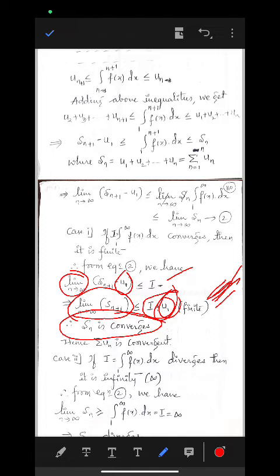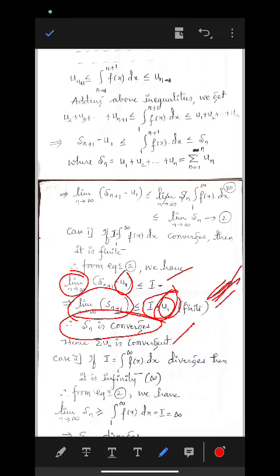So if Sn, the sequence of nth partial sums of the given series, is convergent, then what can I say? Obviously summation un is convergent. Yes, very good.